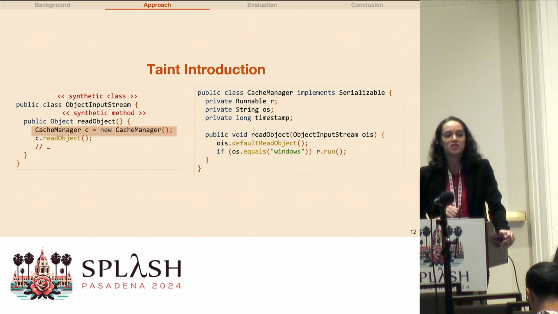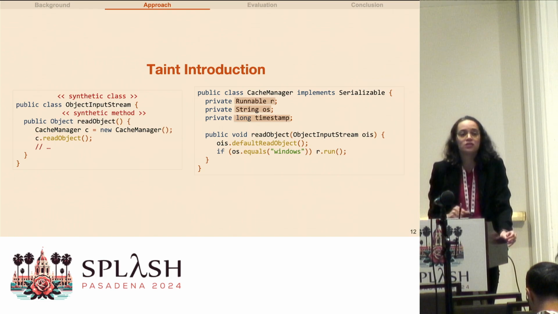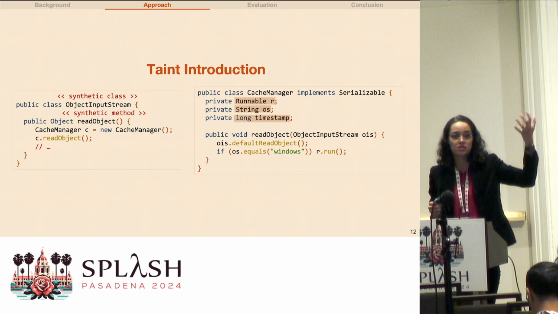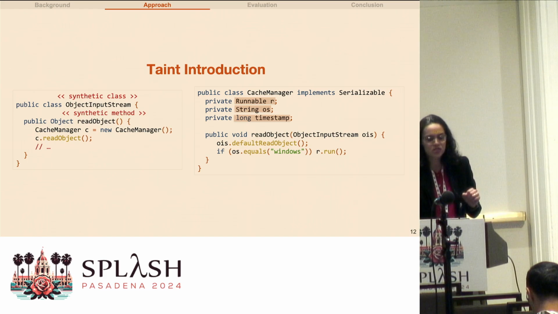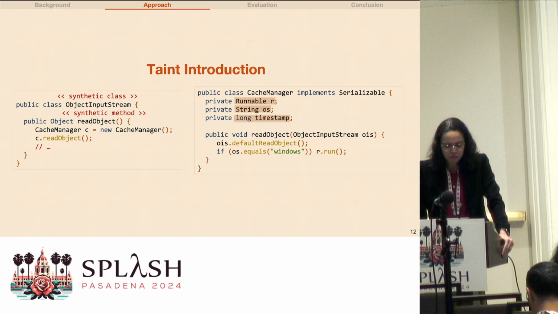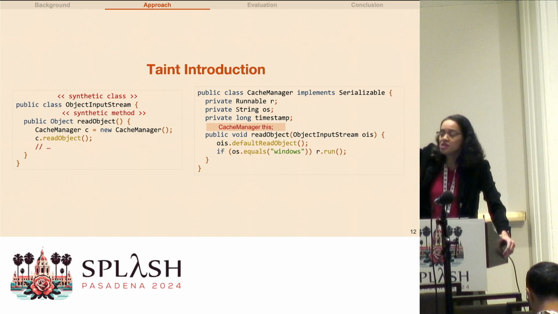That object will be flagged as tainted. Now, what we also do is that all of the fields of that object will also be initialized as tainted, because if the object itself is tainted, all of its attributes are tainted as well. So this is how we initialize the taint states. Now, the other thing we have to do is that if the object is tainted, this pointer also has to be flagged as tainted. Okay?